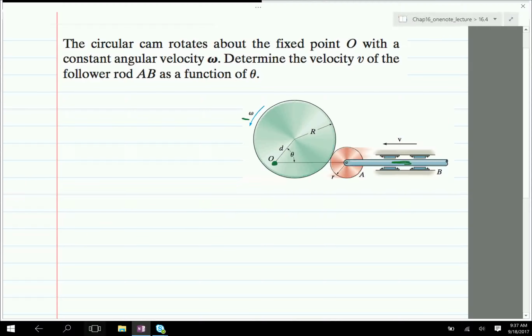So you're told to find v as a function of theta, and you also have to find it as a function of omega. Otherwise, you will not be able to do it without omega, and actually also without r. Everything which is given to you is there except v. So also given capital R and small r.